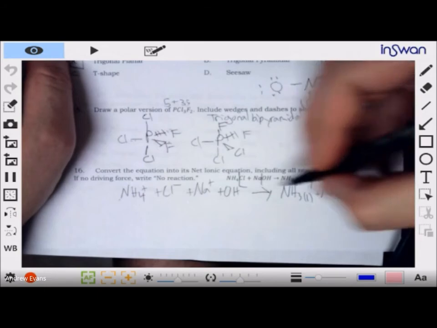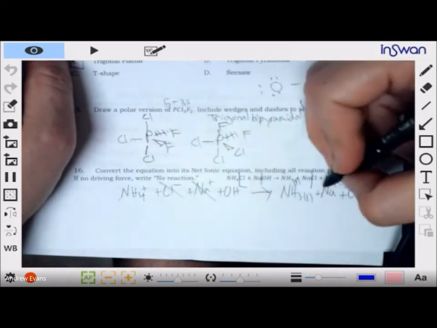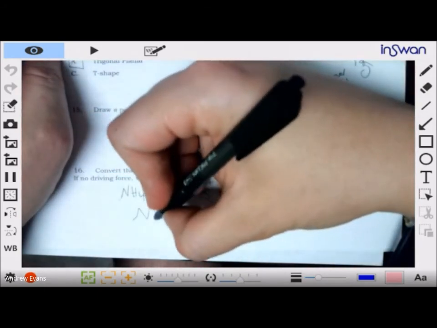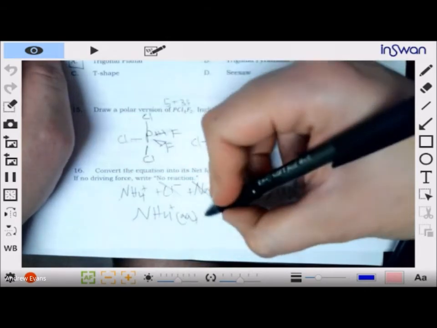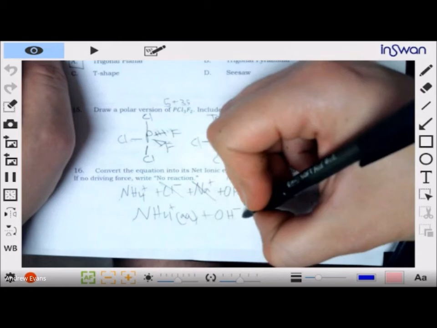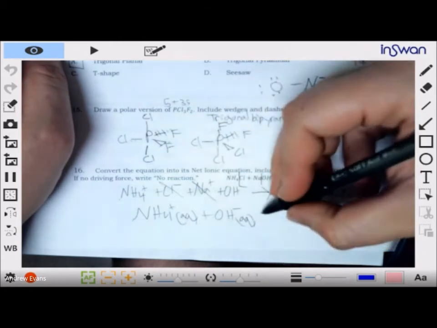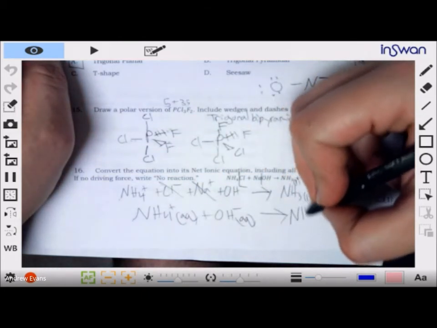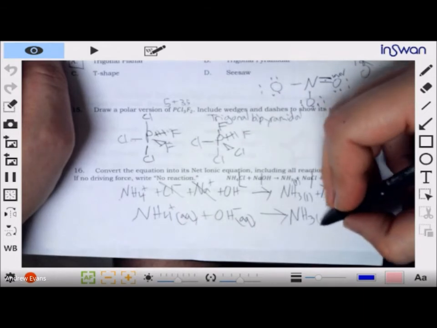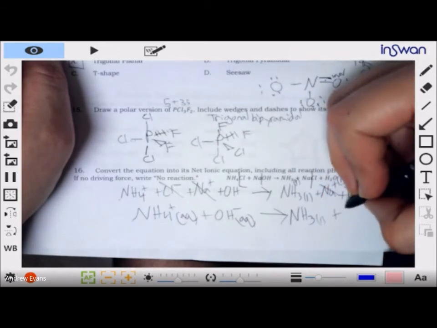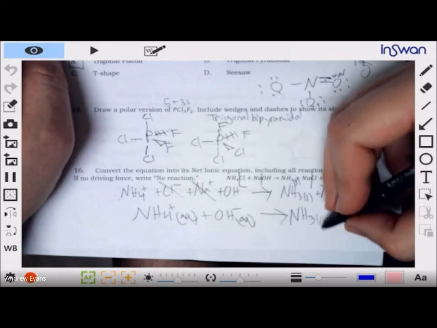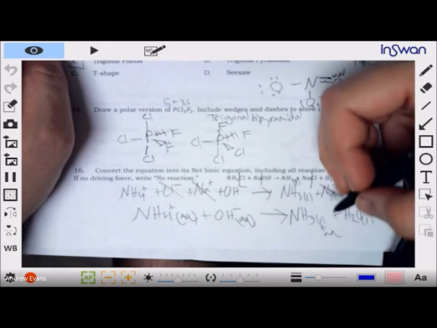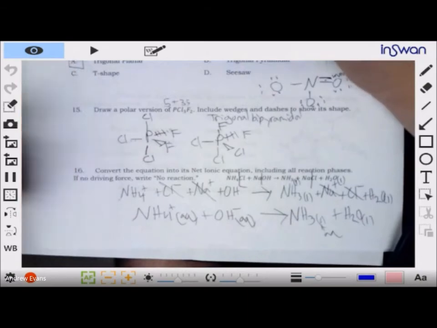So Cl, Cl, Na, Na cancel. The reaction becomes NH4 plus aqueous and OH minus aqueous goes to NH3 liquid and H2O liquid. Technically this is aqueous, but we'll let it slide for the simplicity here.